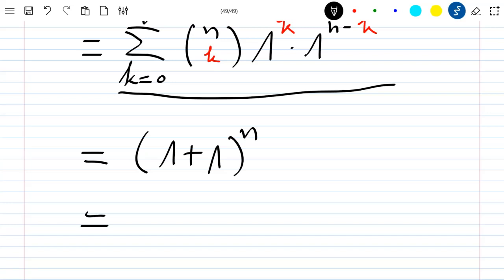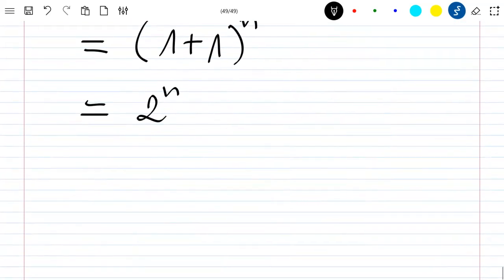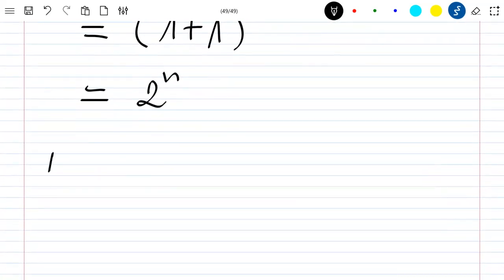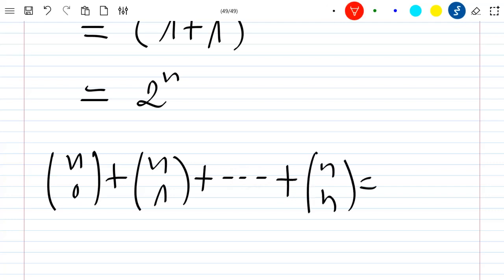So we have 1 plus 1, which is 2 power n. So finally, we showed that n choose 0 plus n choose 1 plus up to n choose n is equal to 2 power n.